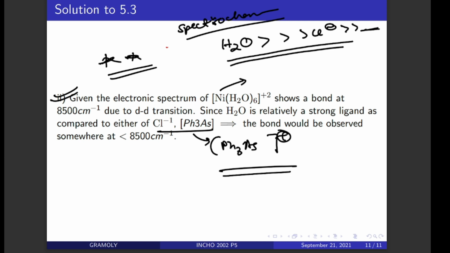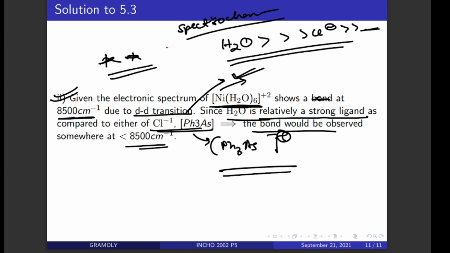As you can see, this Ni(H2O)6 complex shows a band at 8,500 centimeter inverse due to d-d transition. Since H2O is a relatively strong ligand as compared to either of them, as we discussed, and this can be seen via the spectrochemical series also, the band would be observed at less than that. So let's understand why.